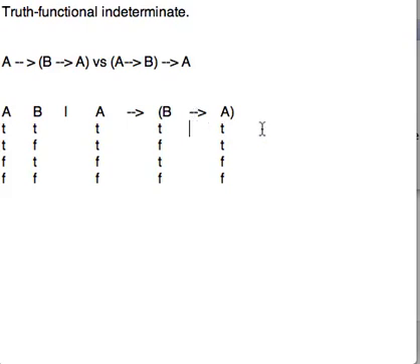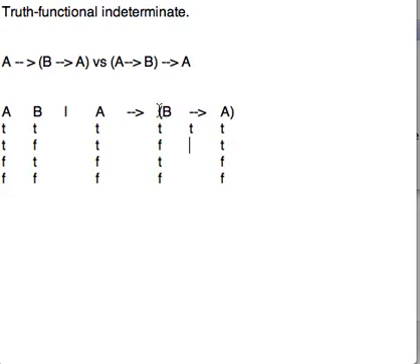Because remember, the rule is always the innermost truth functional connective is the one you evaluate first. So this is the one we're going to look at first. And so here the antecedent, in this case B, is true and the consequent is false. And if you remember the truth table for the material conditional, that means that this comes out true.